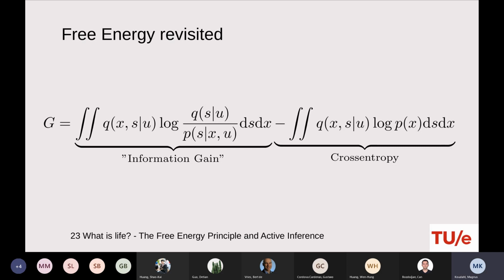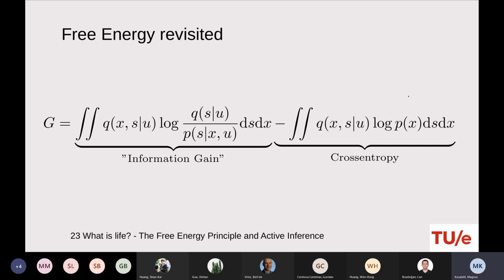So now we get a term that looks sort of like an information gain, which is, if you squint a little bit, you can think of this as the reduction in uncertainty gained from knowing X relative to not knowing X. That's a little bit of an approximation error here, but that's the thing that we can do. This quantifies how much we would learn in the future from a particular observation.